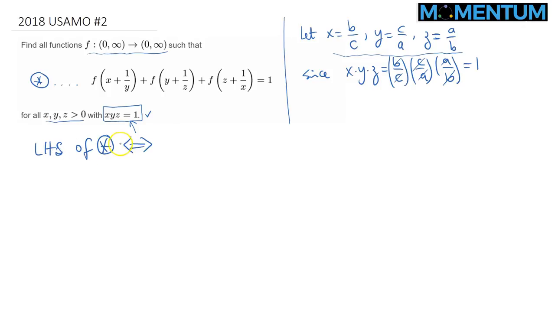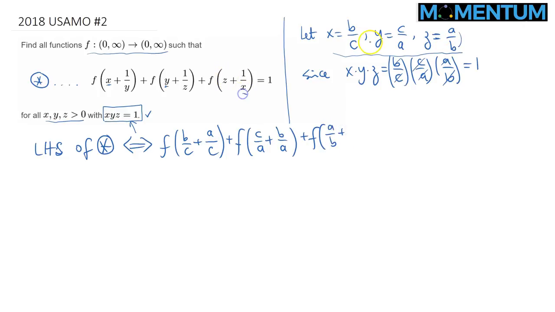So the left hand side of the star is simply equal to the sum of f of, replace x with b over c, plus 1 over y. y was c over a, so there we have a over c again, plus f of y, which is c over a, plus 1 over z, which is b over a, plus f of finally z, which is a over b, plus 1 over x, which is c over b.